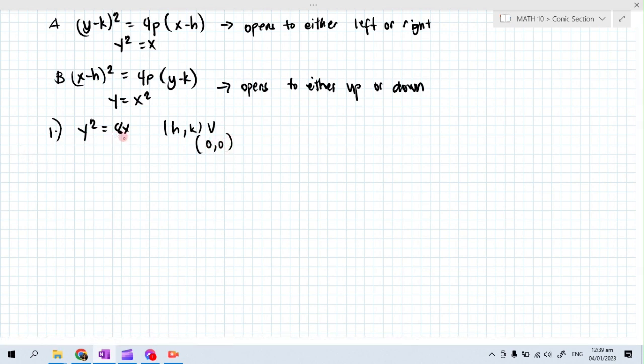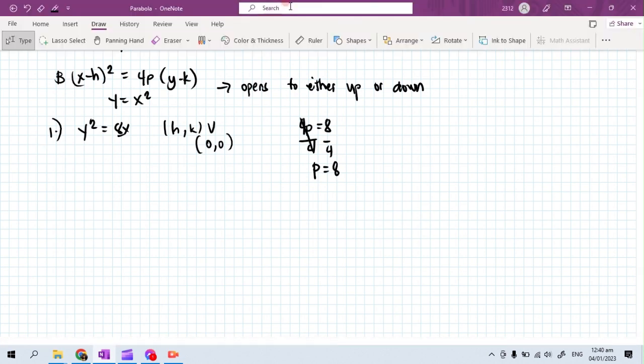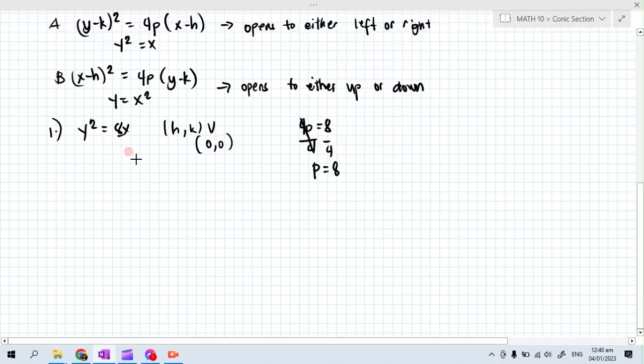Now, this is in the form of 4p times (x minus h). So 8 we can equate to 4p. So 4p equals 8. Divide both sides by 4.